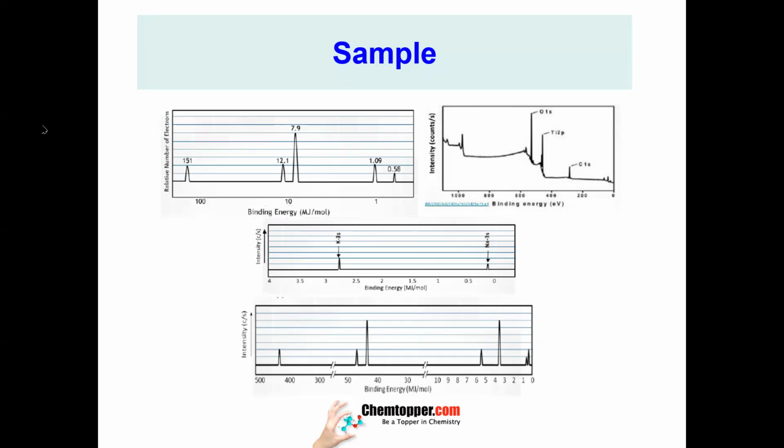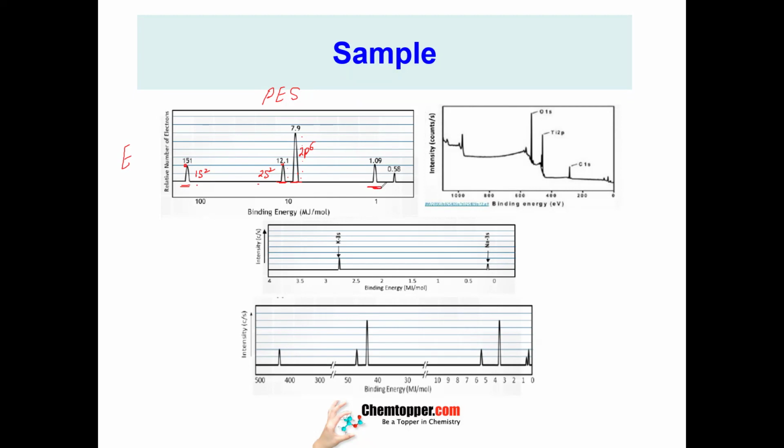If somebody asks me to write the electron configuration of this element from this PES diagram: what is this? 1s2, 2 electrons. Then 2s2, 2 electrons. What is this? 1, 2, 3, 4, 5, 6. 2p6. 1s2, 2s2, 2p6.